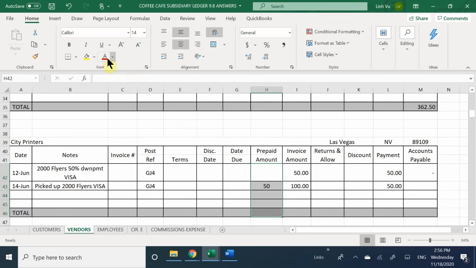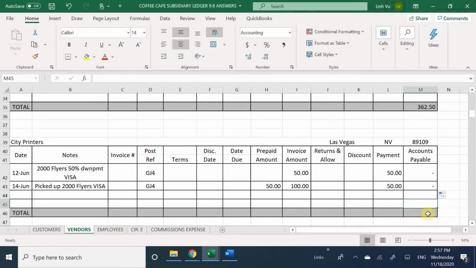We're going to start with our $100 payment, or the bill was for $100, right? Because we made a 50% down payment, which is my advance payment, it reduced my bill to $50. And because I paid with my Visa credit card, it acts as if I made a payment already. So therefore, I should owe City Printers $0.